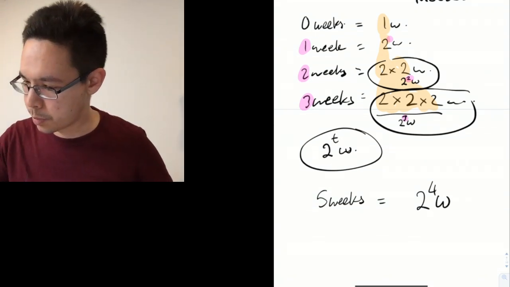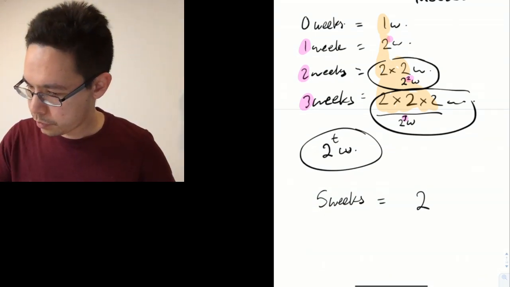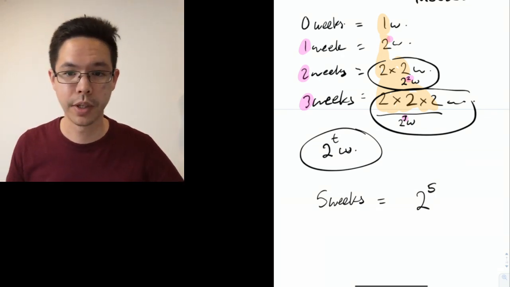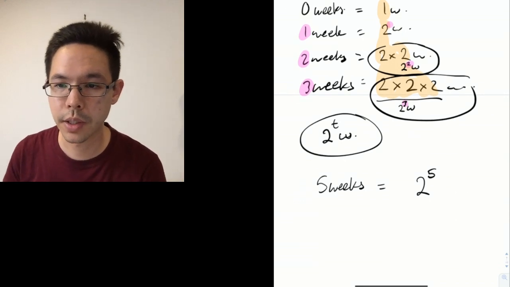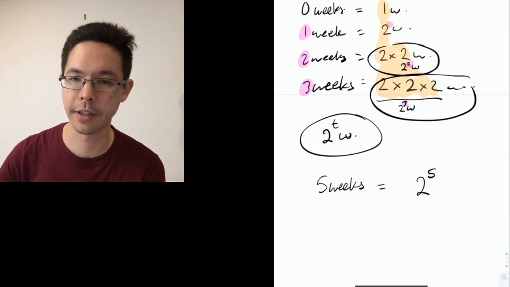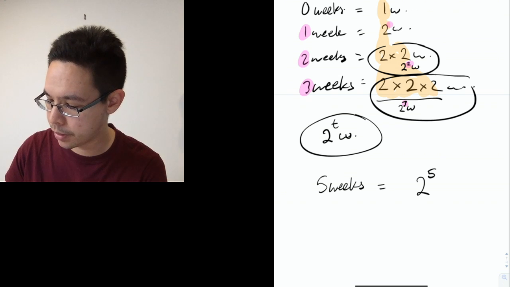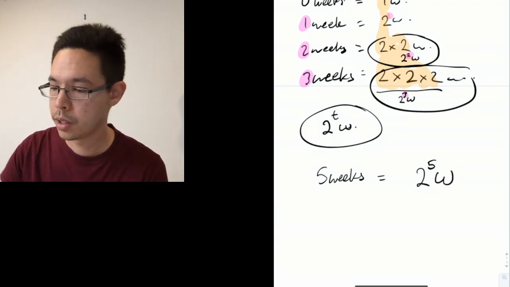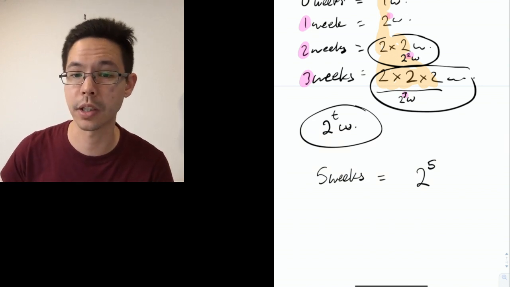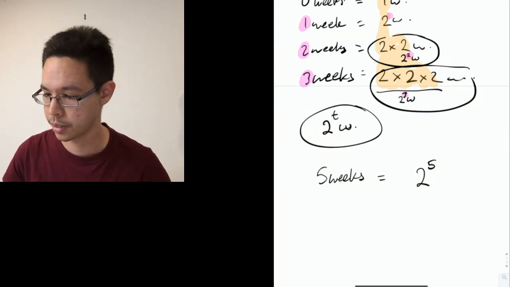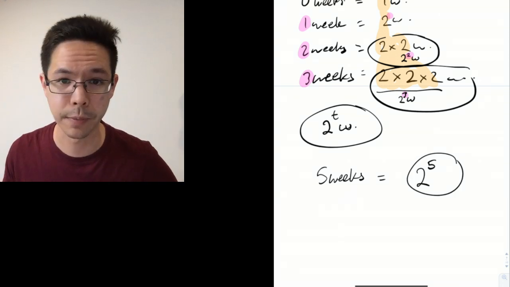So the answer should be 2 to the power of 5 times bigger. Because they're asking how many times bigger, not what is the weight of the baby. So if I wanted the weight of the baby, I would put the weight next to it. But the question's not asking about the baby's actual weight, they're just asking how many times bigger it is than the first week. So I get a result of that.